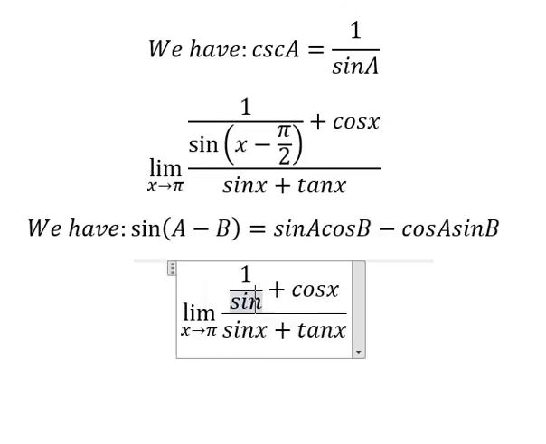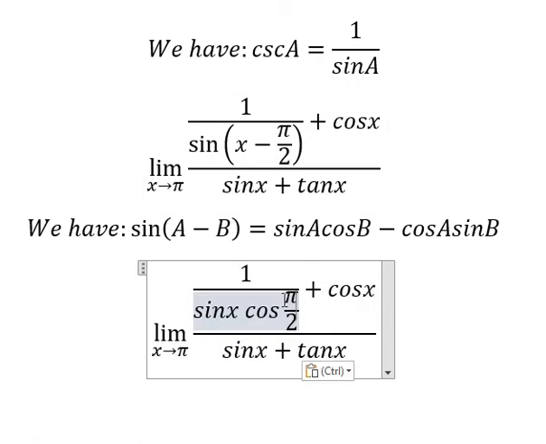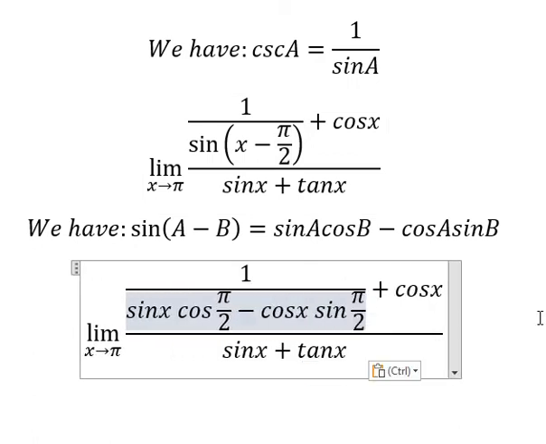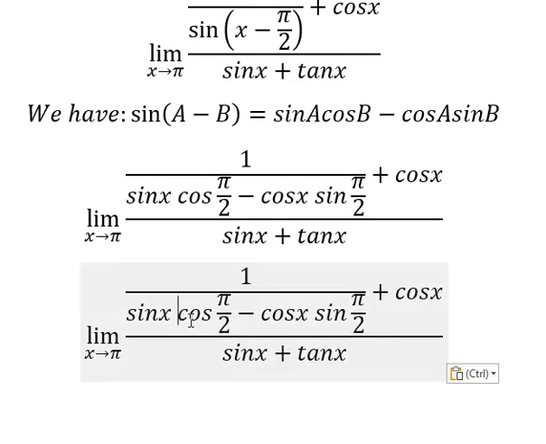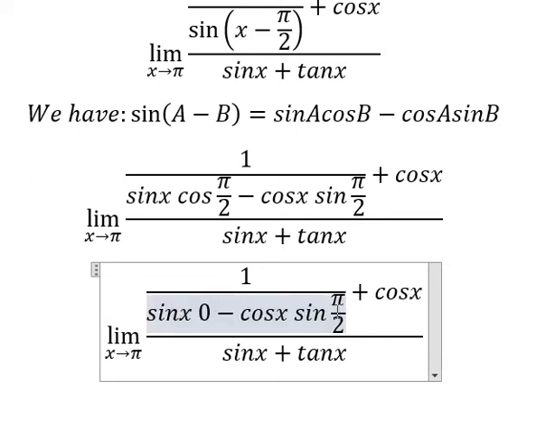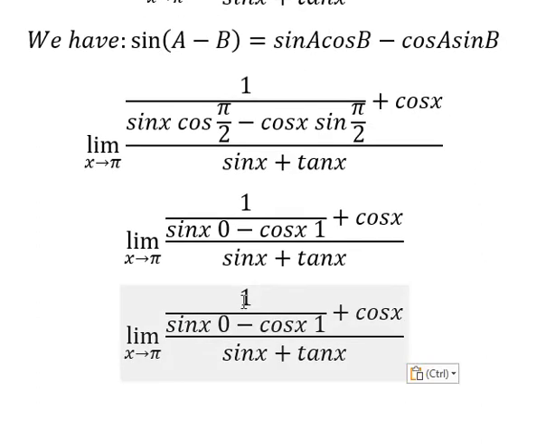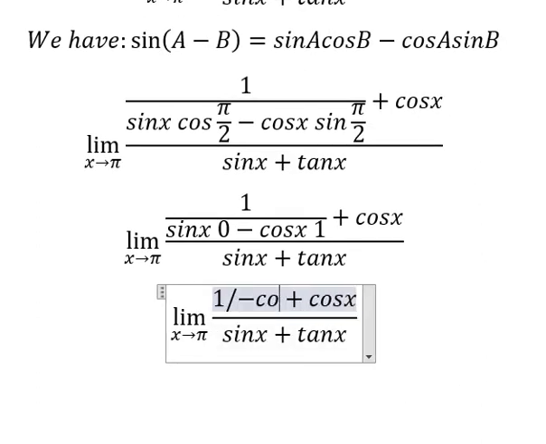We have sine S cosine B over 2 minus cosine S sine B over 2. We know that cosine of B over 2, that is about 0. This one we have number 1. So if we simplify it, we have 1 over negative cosine S.